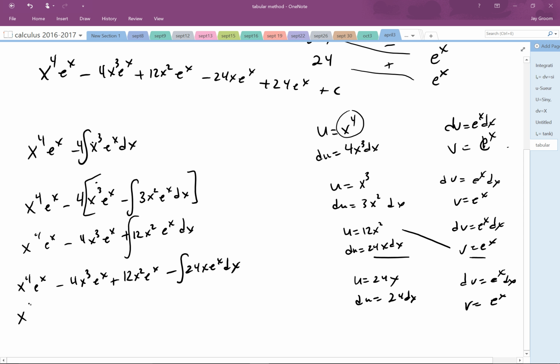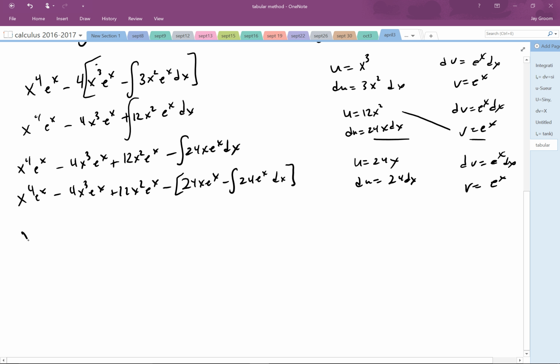And so, of course, it's x to the 4, e to the x, minus 4x cubed, e to the x, plus 12x squared, e to the x. And, of course, it's minus whatever we get here. So it's going to be 24x, e to the x, minus the integral of 24 e to the x dx. Okay? Doesn't take a rocket surgeon to see what's going to happen to that.